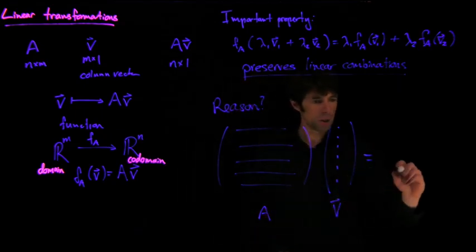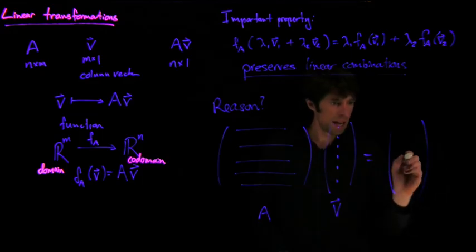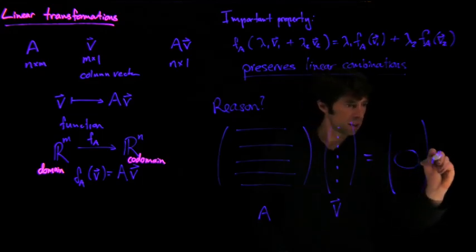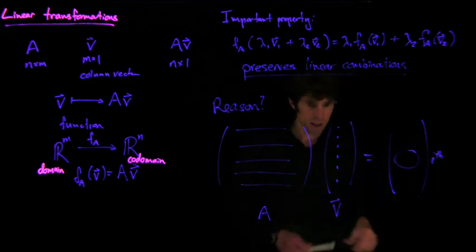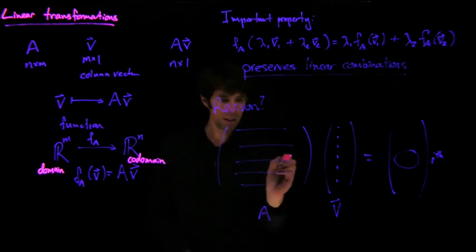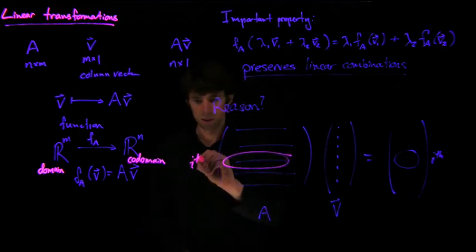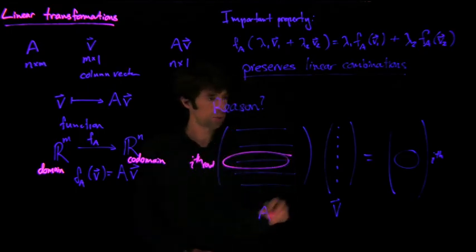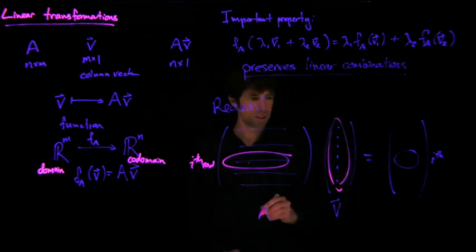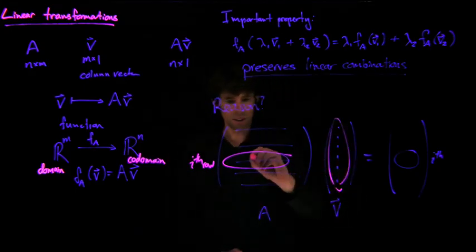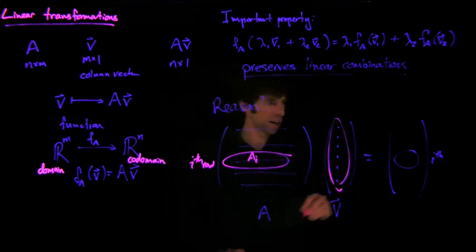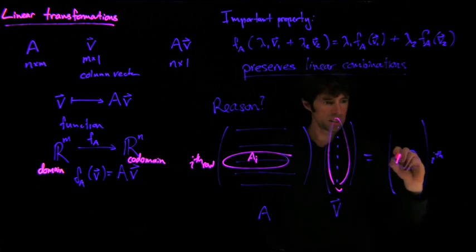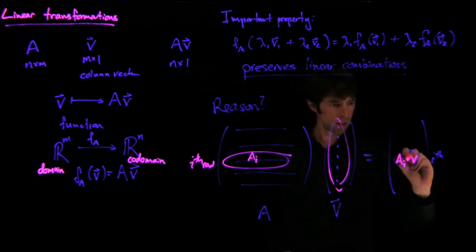then when I look at the output, I get a column vector, and the ith entry here is given by taking the ith row and dotting it with the v vector. So let's call this ith row a sub i. So the ith entry here is a_i as a vector dot product with v.